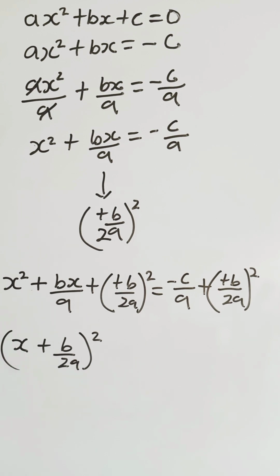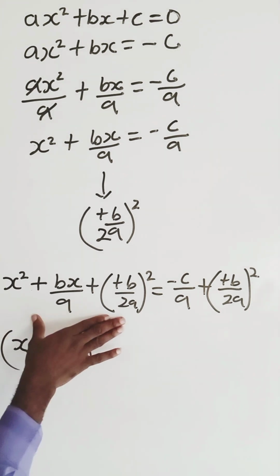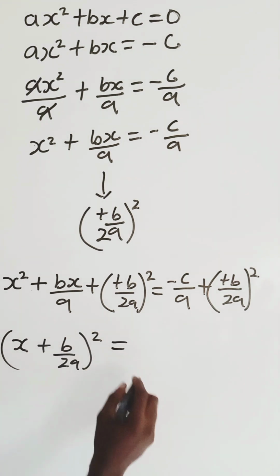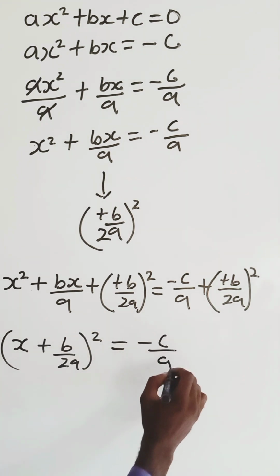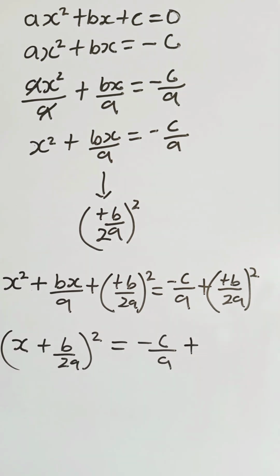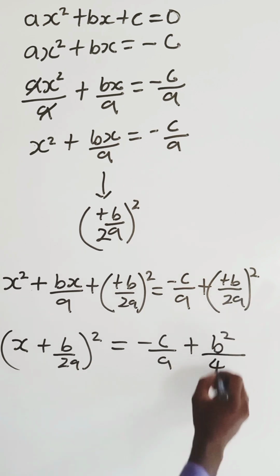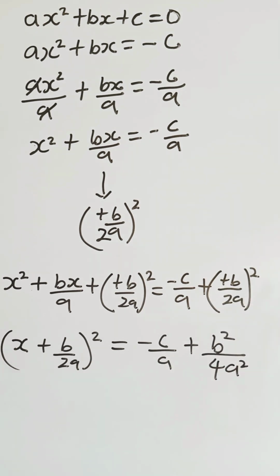Because technically, if you expand this, you have exactly this expression. Equal to the other side, we have minus c all over a plus, let's open this, it will give us b squared all over 2 squared equals 4, then a squared.